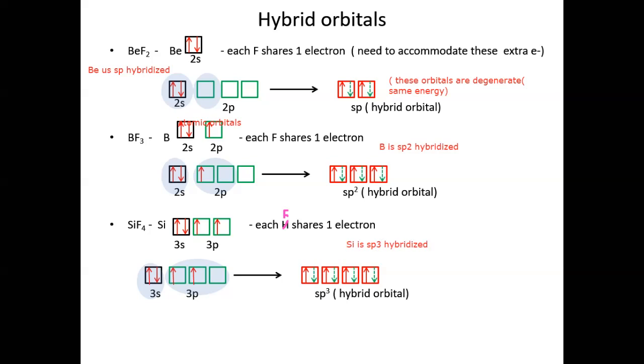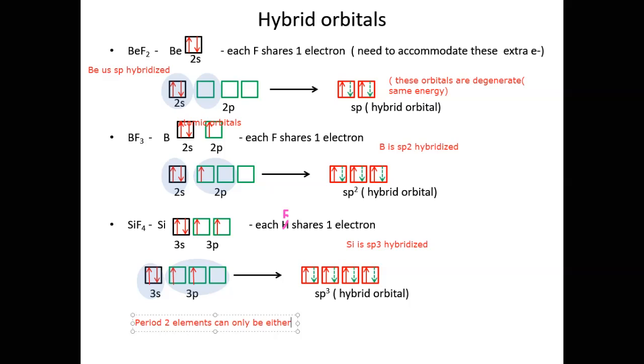Now, period 2 elements can only be either sp, sp2, or sp3 hybridized.